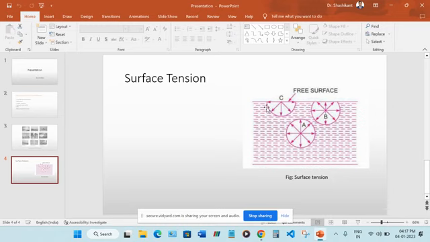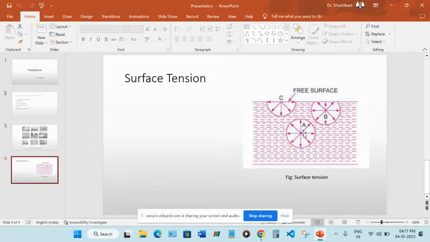So how does surface tension exist? Here we have the interface. If you want to extend the free surface, then mechanical work has to be done. This means molecules travel near to the surface, so the cohesive forces become lesser and lesser.